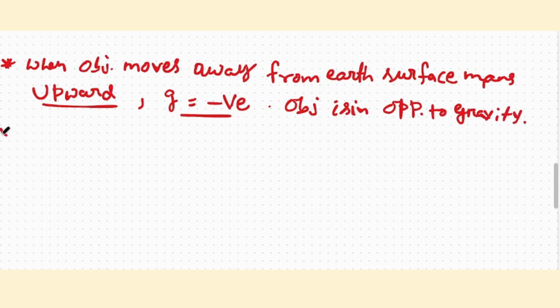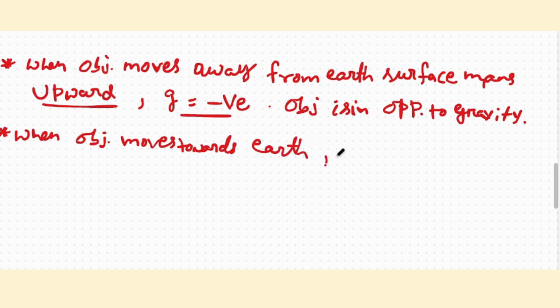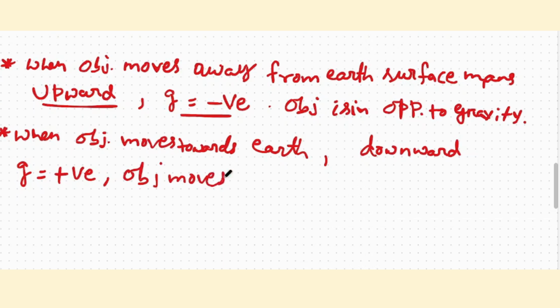Okay, and when an object moves towards the earth, means downward, g is positive, as the object moves in the same direction as gravity.